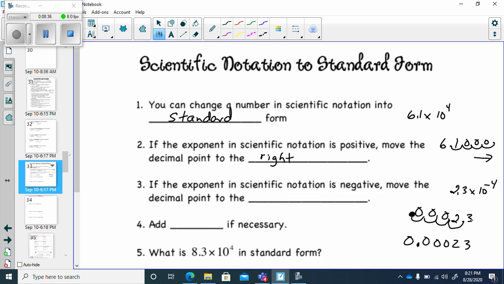I've moved the decimal point, not the number of zeros. How many places did I move the decimal point? I moved that decimal point to the left. And notice sometimes you have to add some zeros. I did here. Add zeros if necessary. Zeros in the front might have to be added as you're doing that.